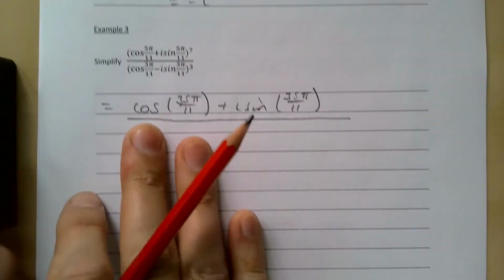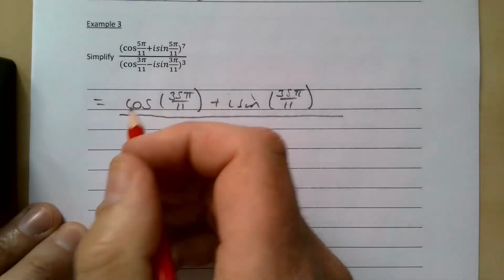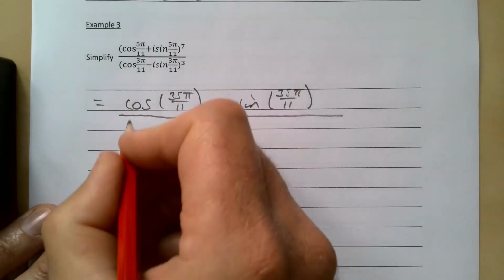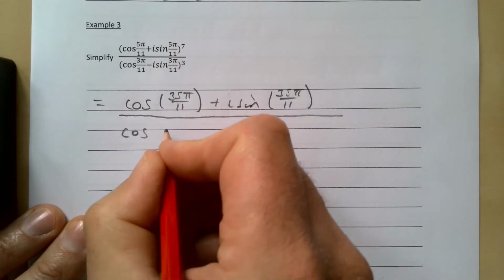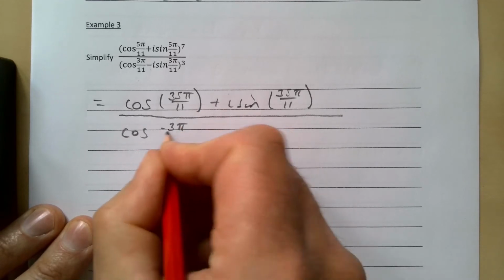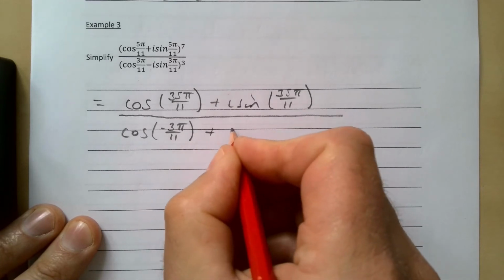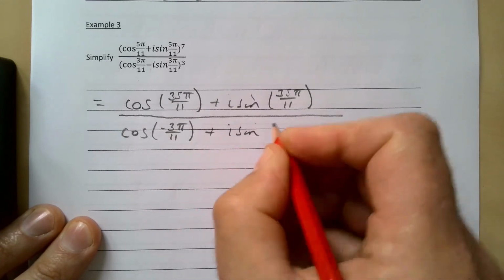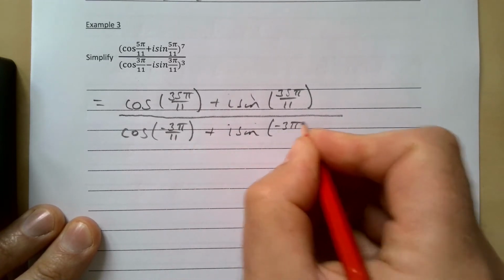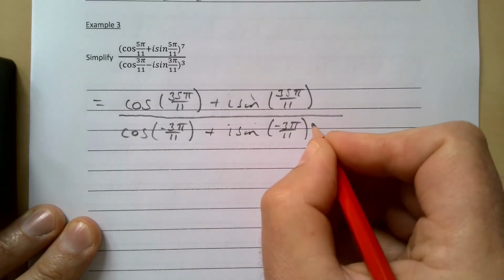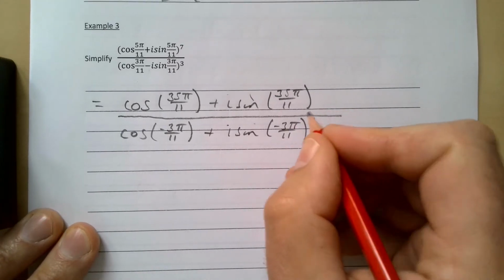So we can rewrite this denominator as cos minus 3 pi over 11 plus i sine minus 3 pi over 11, and that's going to be all cubed.